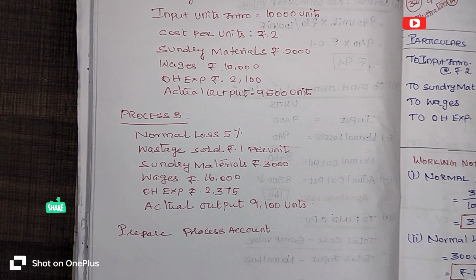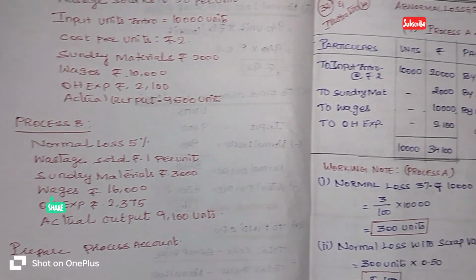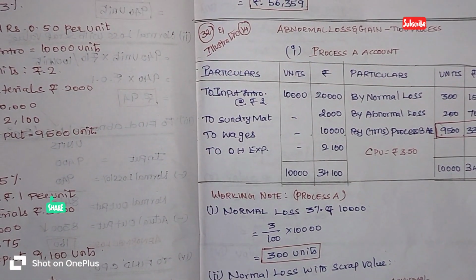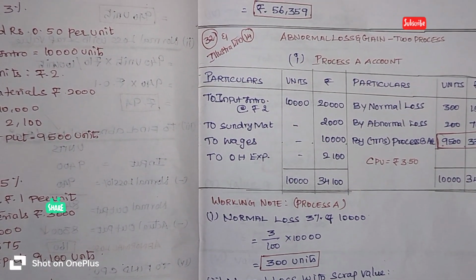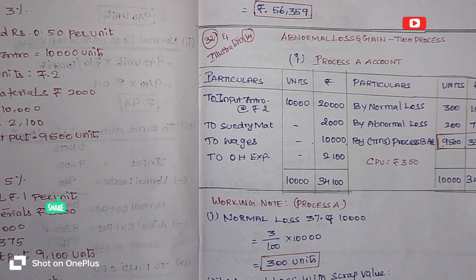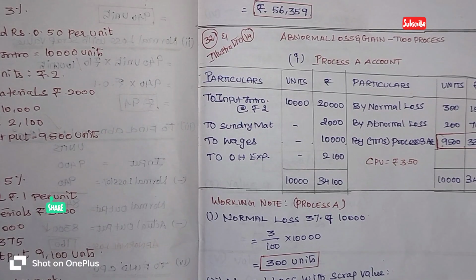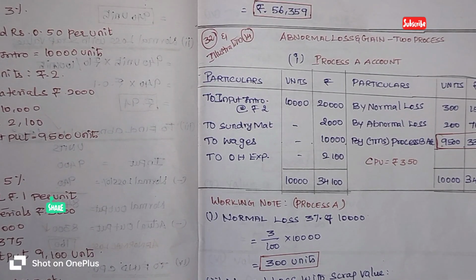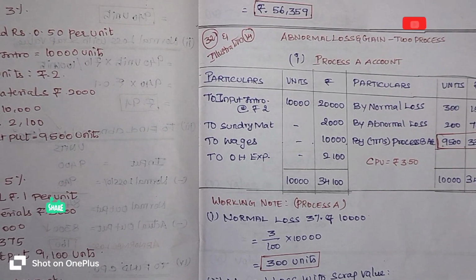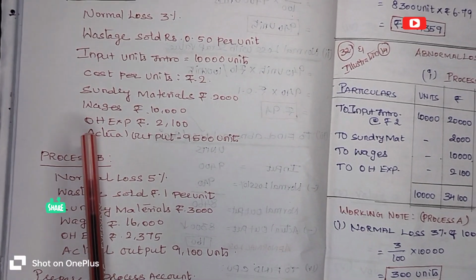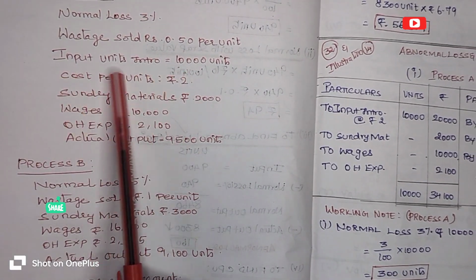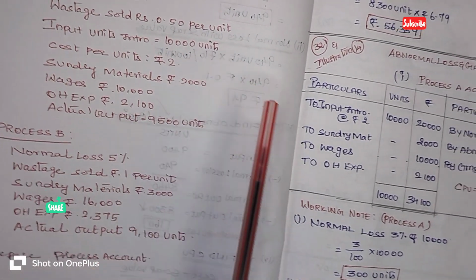Let's prepare. What is the first account we are going to prepare? We are going to prepare the process A account. There are two processes they have given. In the process A account, we start with the introduction of input. How many units did they introduce in process A? The input is 10,000 units.